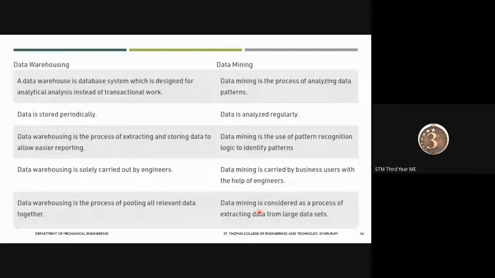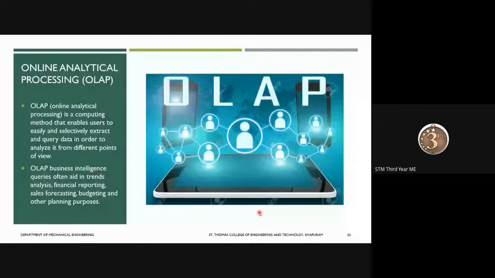Next, we are moving on to one of the important topics of this module, that is online analytical processing. It is short termed as OLAP. Okay, online analytical processing. So what is online analytical processing? To understand online analytical processing, we have to first understand what was data warehousing and data mining. So that is why I have explained data mining and data warehousing.